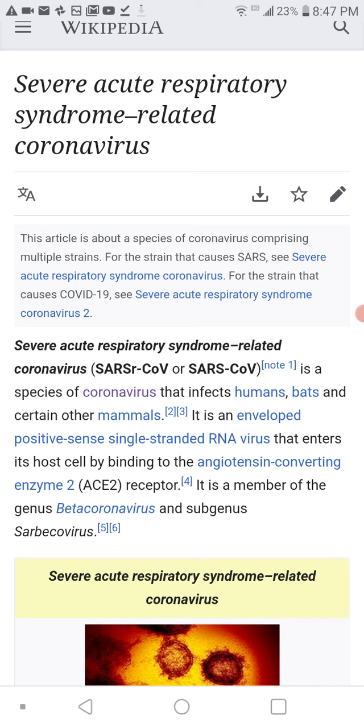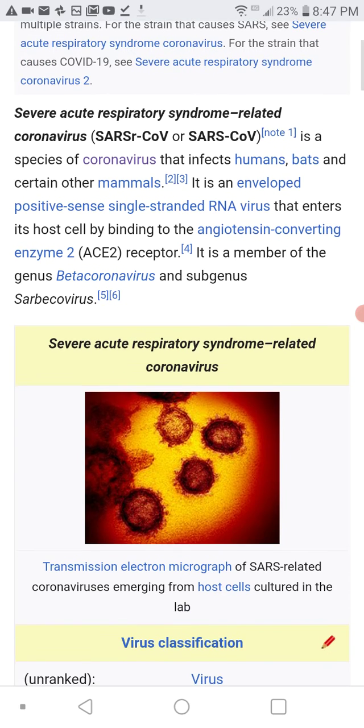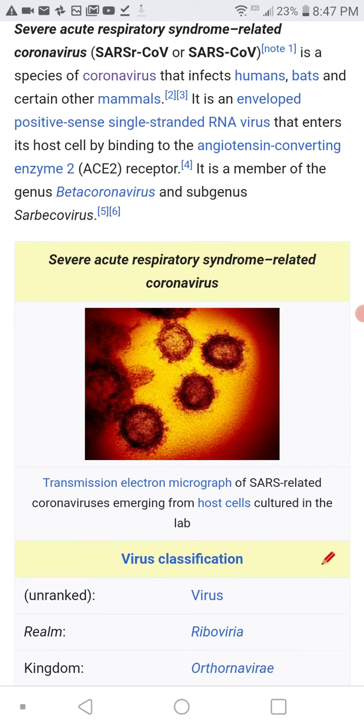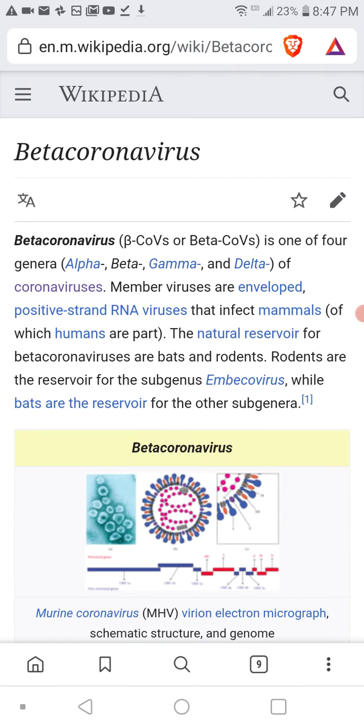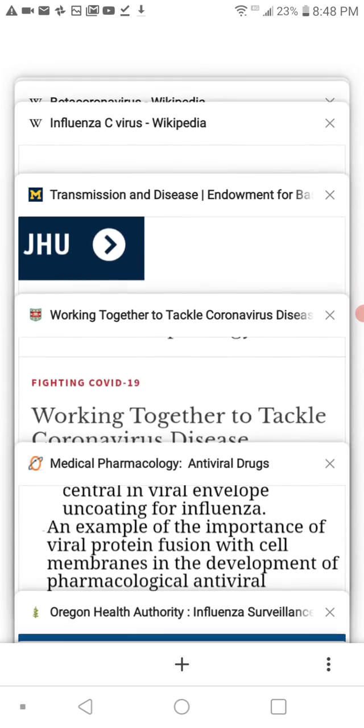This identifies SARS as a beta coronavirus. Beta coronavirus is one of 4 genres of coronavirus. So it says SARS is from a beta coronavirus. It says SARS comes from one of the 4 coronaviruses, and then you have Dr. Barrick himself.